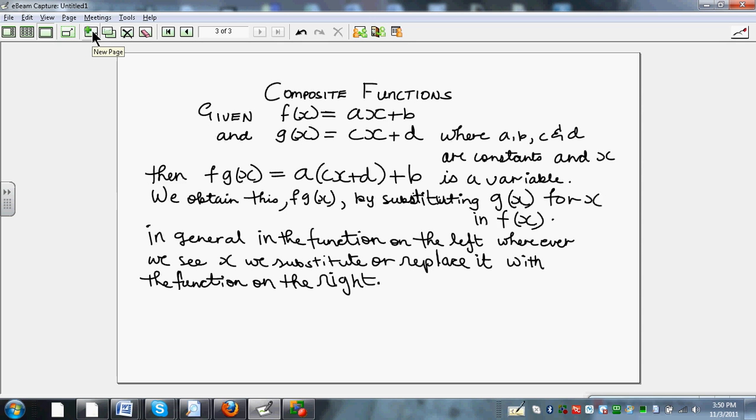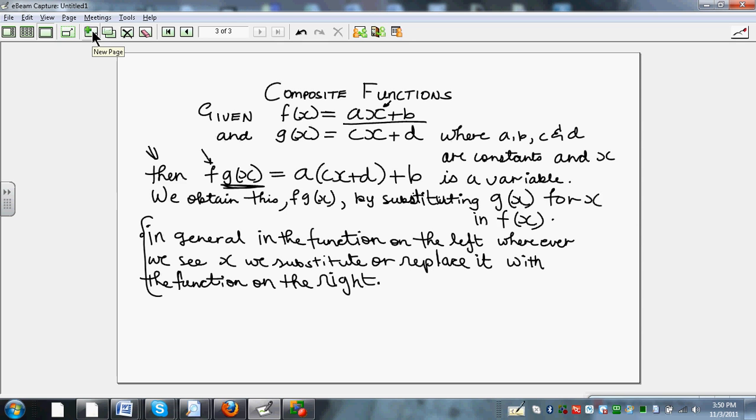Whereas this is a specific example, this here tells you exactly what you do regardless of what the functions are. So if we were to revisit this expression, in the function on the left, which is f of x, wherever we see x, we will take it out and replace it by the function on the right, which means you replace it by g of x.